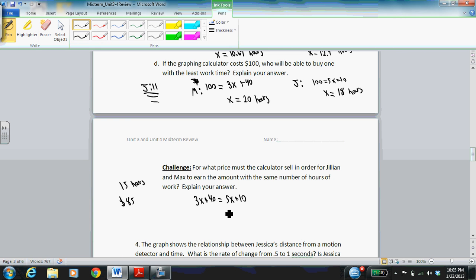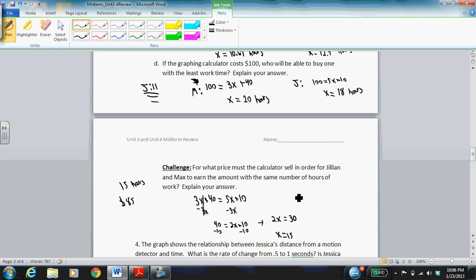So to solve this, subtract 3x from both sides, get 40 equals 2x plus 10, subtract 10 from both sides, get 2x equals 30, and divide by 2 on both sides, so x equals 15.